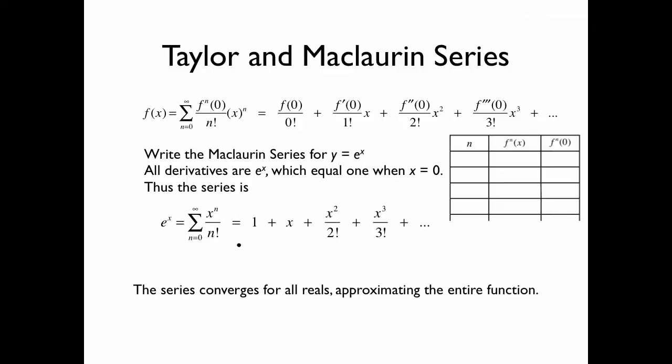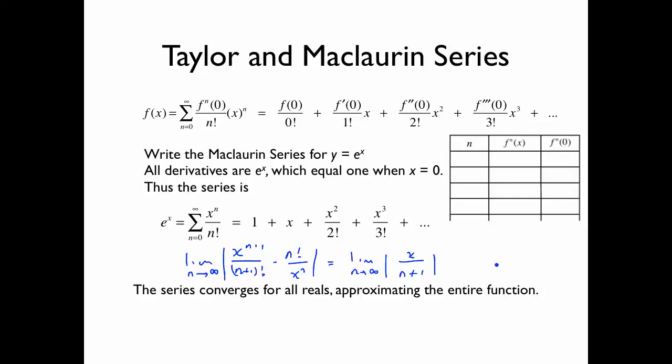You get x to the n plus 1, and we have one more x in the numerator than the denominator. And then what's n factorial over n plus 1 factorial? We should remember that. That's just n plus 1 in the denominator. So now we've got x over n plus 1.